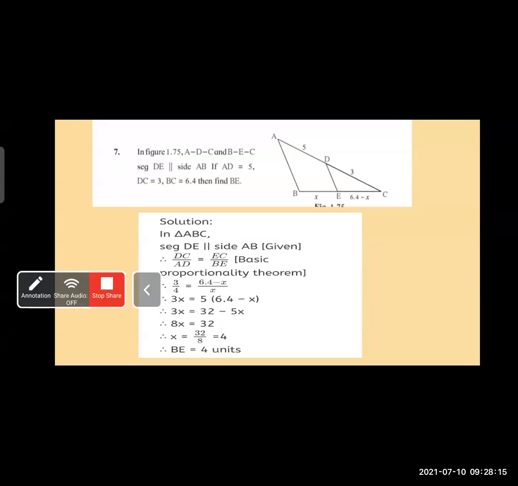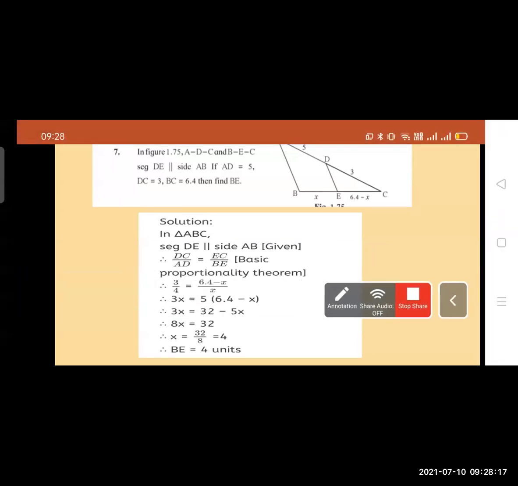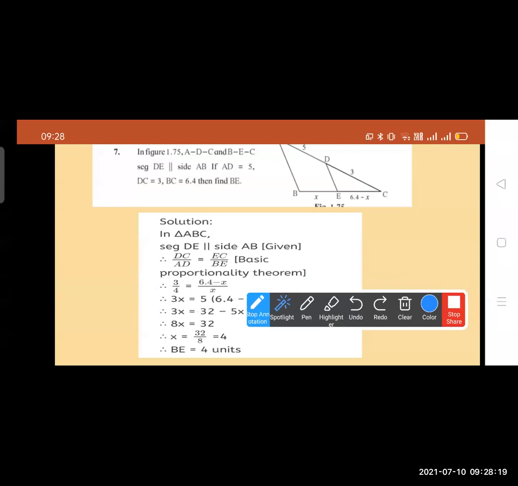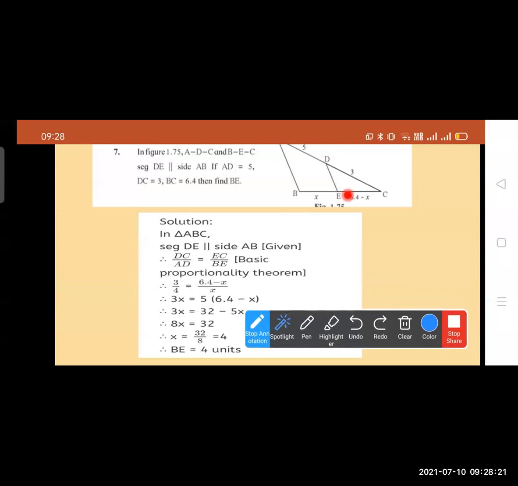So in this question, line DE is parallel to AB. If DE is parallel to AB, then according to BPT, the basic proportionality theorem, we write DC by AD is equal to EC by BE.